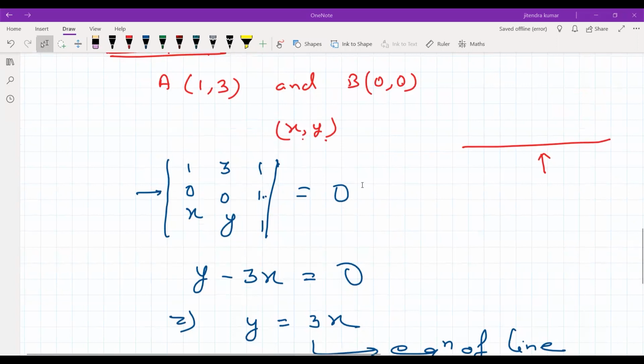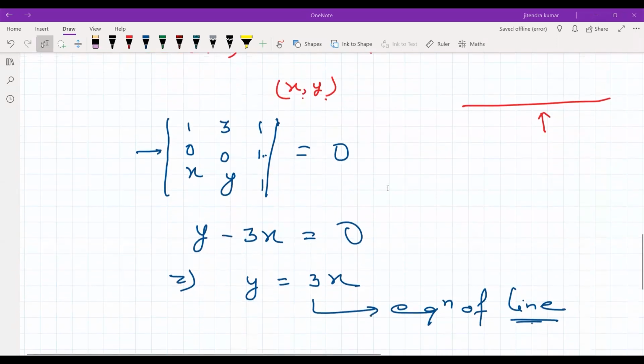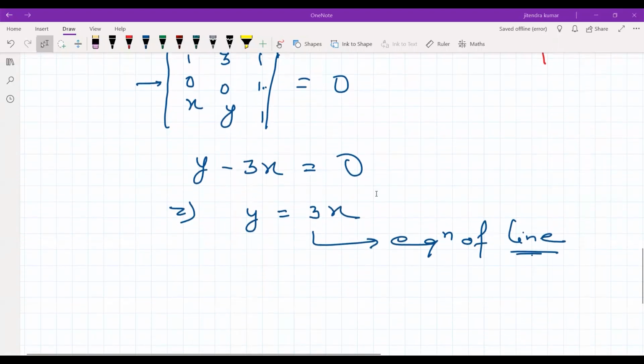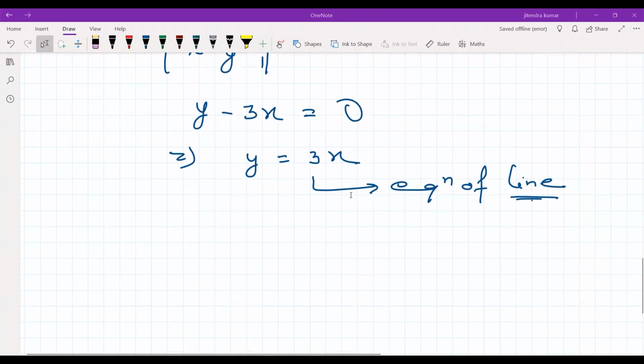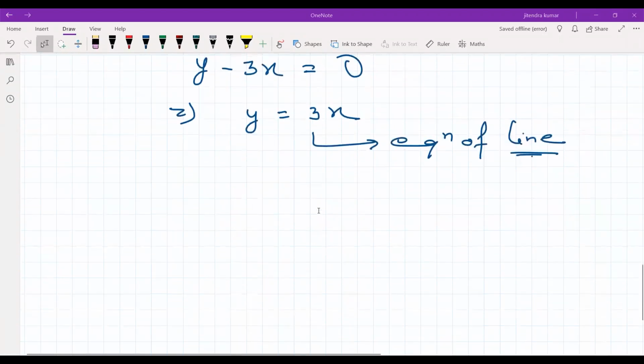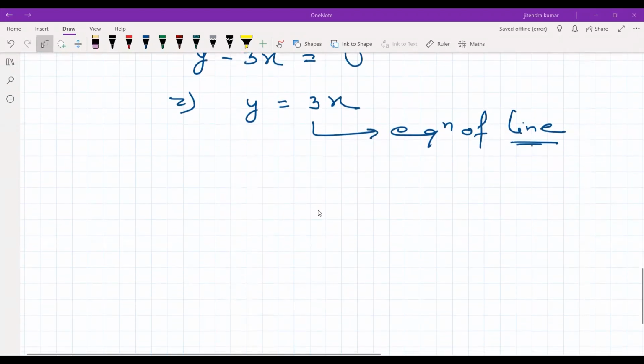So we are discussing the example number 18. Now if you see the next part, it says find k if D (k, 0) is a point such that the area of triangle ABD is 3 square units. So now there is another point D, whose coordinate is (k, 0), and the area of triangle ABD is given.